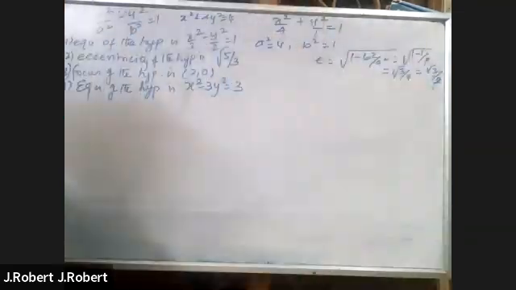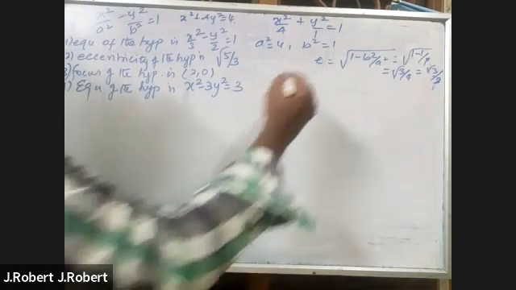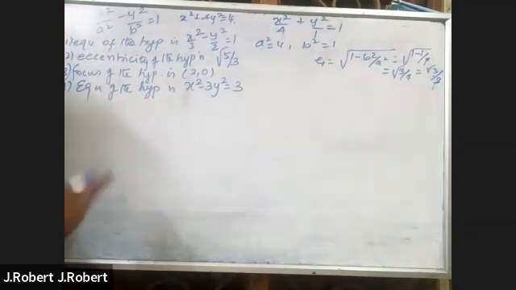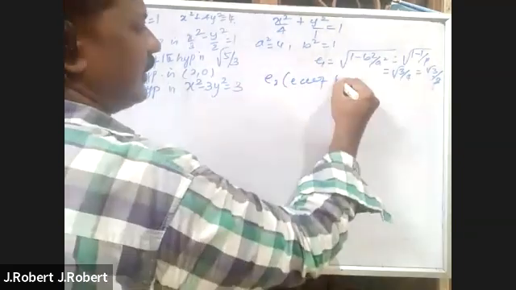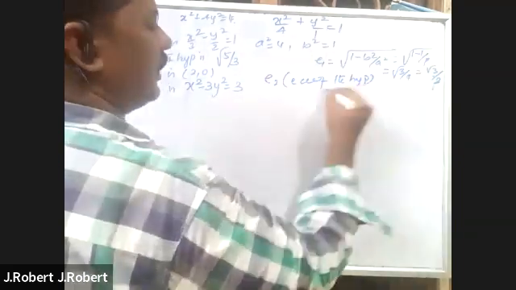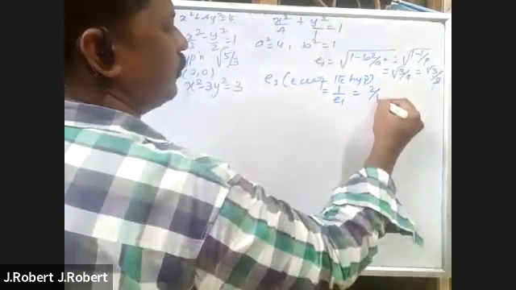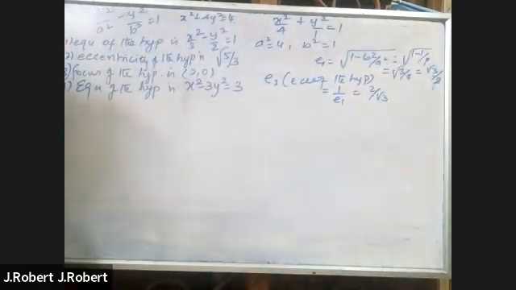This is the eccentricity of the ellipse. The eccentricity of the hyperbola is the reciprocal, 1 by e1, so we get 2 by root 3.